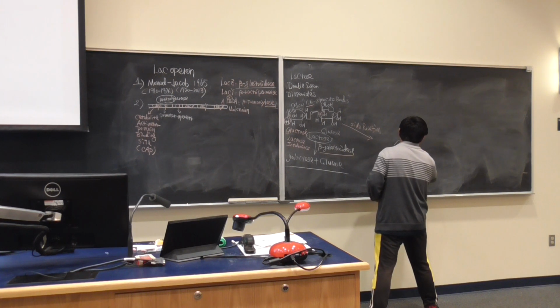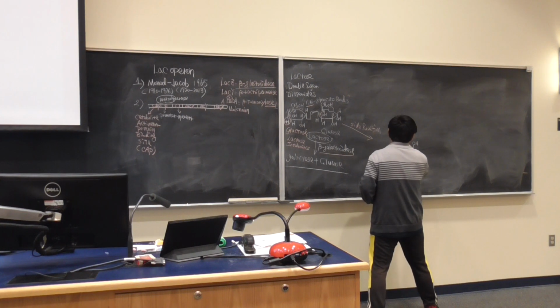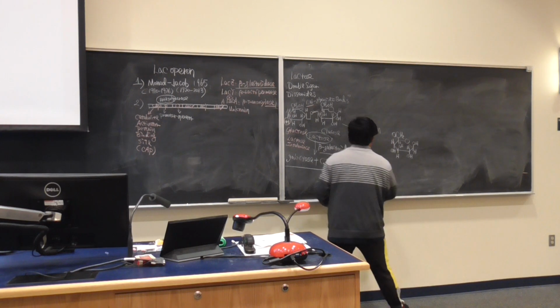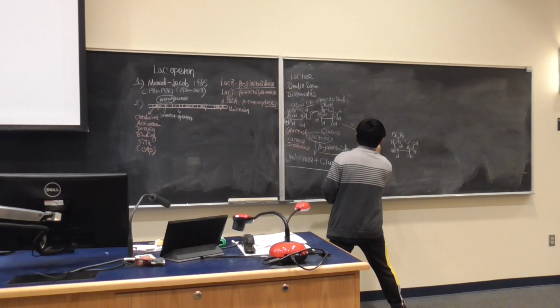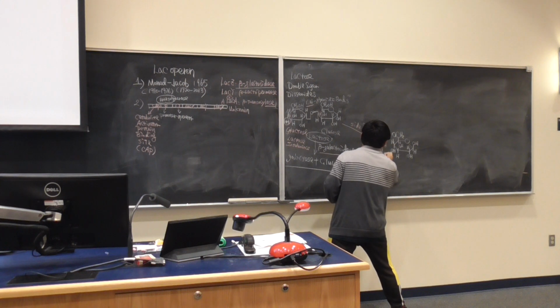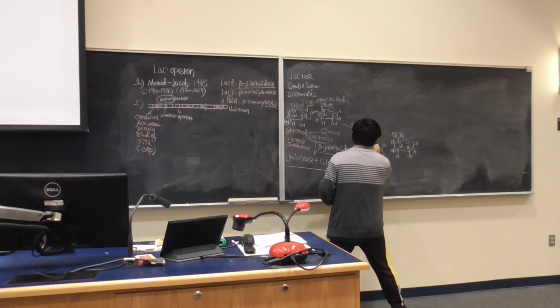OH, H, H, OH, OH, H, and we go down. OH, H, H, CH2, O, right there. Okay, now we're going to draw it again right here. What happened is OH, H, H, OH, OH, H. This OH is up.